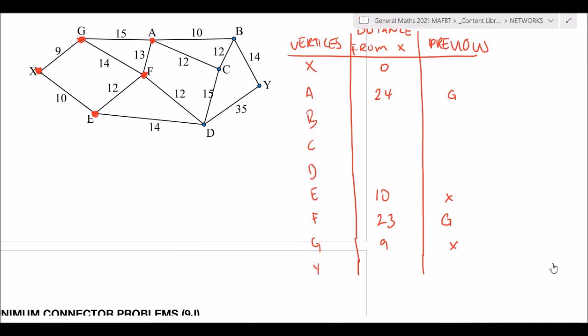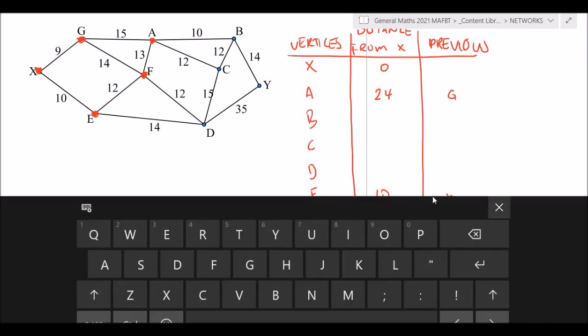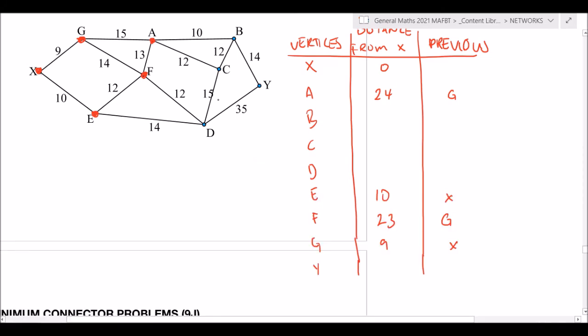There's a better one. Sorry guys, from X to E to F, which gives you a weight of 22. So that's actually better than from G. So here we go, from E. Our previous one being F to G to F, now it's going to be E to F because that's better, isn't it?